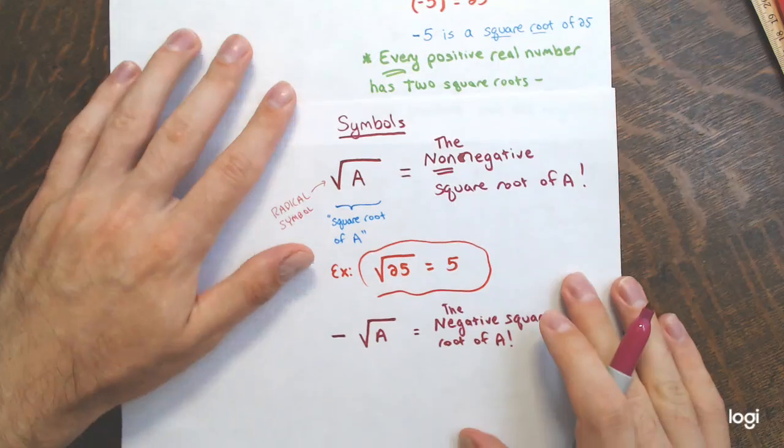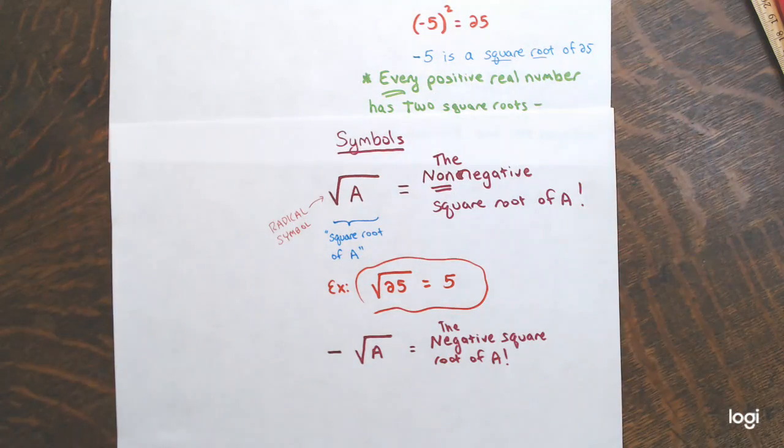So back here again, an example: what's the negative square root of 25? That's just negative 5.